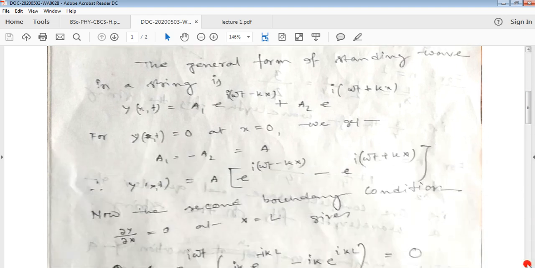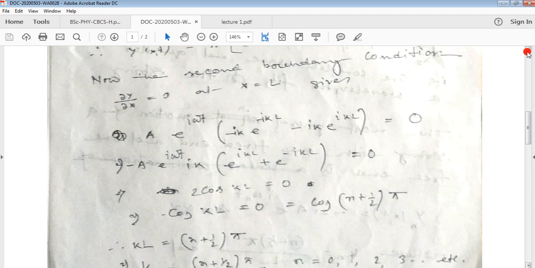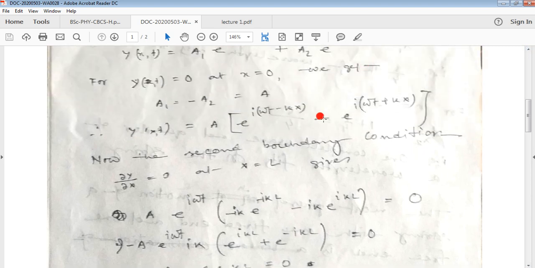So firstly we have to differentiate this expression, and then we will substitute x equal to L, for which the differentiation will be 0. So if we differentiate, for example this part, A is constant, e to the power i omega t is common, it is the t dependent part, not the x dependent part, as we are differentiating with respect to x.